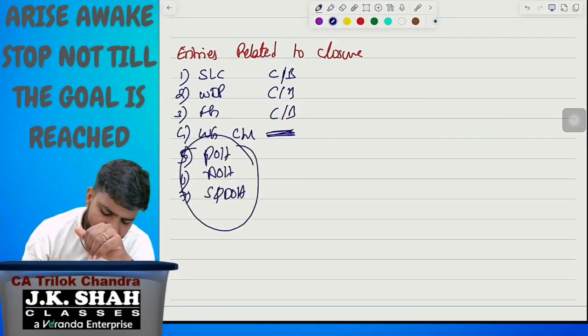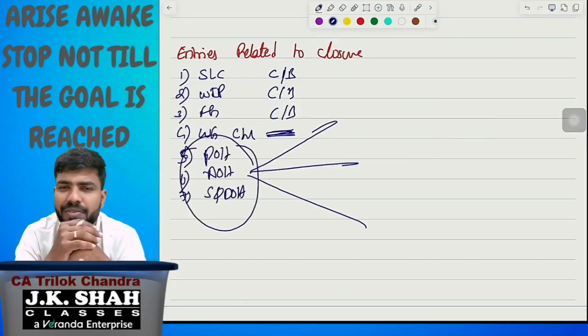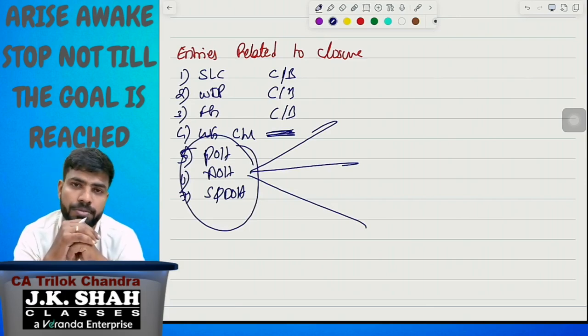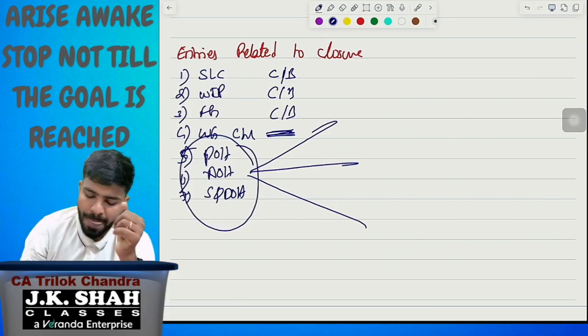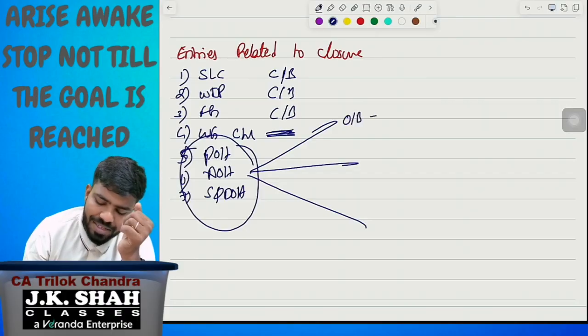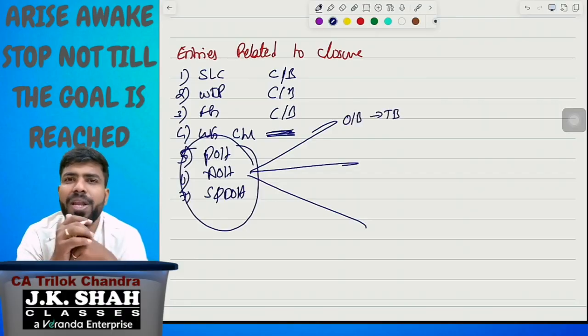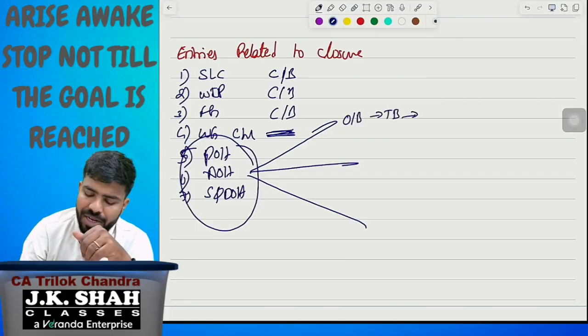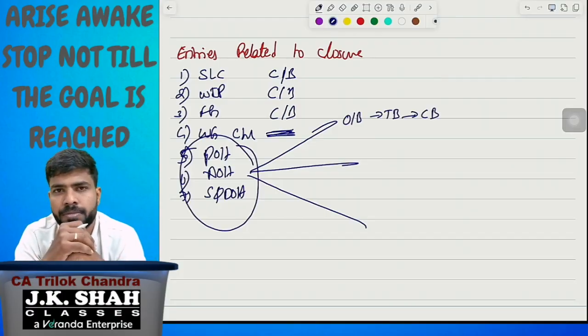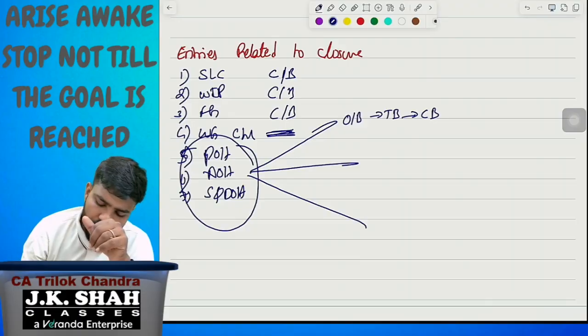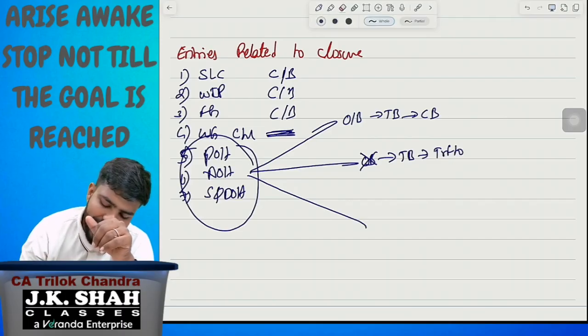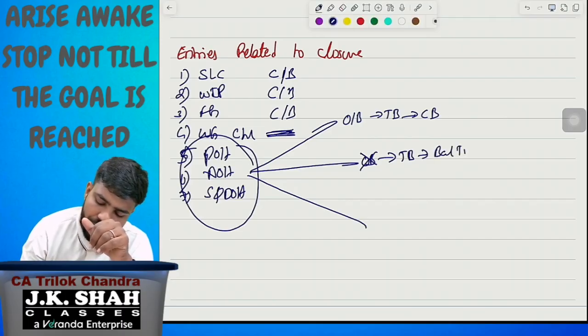Please understand. There are three ways to close these accounts. Listen to me carefully. If you find the opening balance in the trial balance, then automatically take the closing balance. If you don't find the opening balance in the trial balance, then transfer the balance to P&L account.